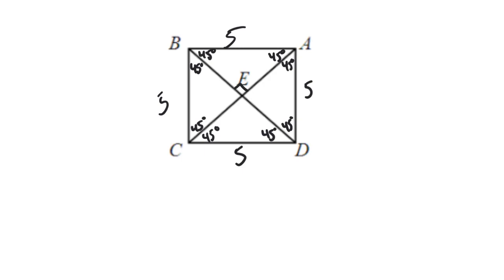Just like a rectangle, every little half diagonal is the same length because the diagonals are congruent and they bisect each other. So whatever this value is from A to E, E to D would be the same, E to C is the same, E to B is the same. Squares are real simple, okay? And I forgot to write that this is a square, but hey, it's a square. No big deal.